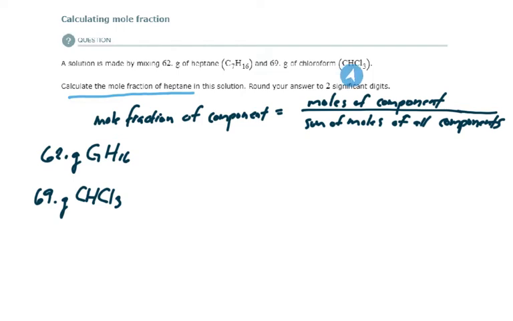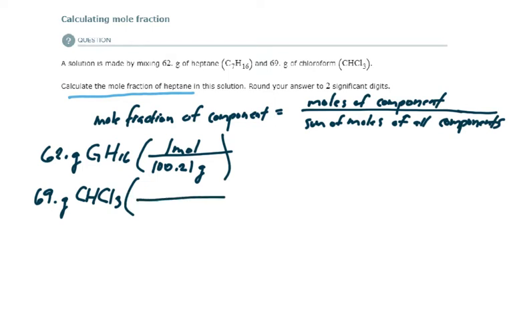We can do that because we have the chemical formula here, and with some simple math, or if it's given to you in ALEKS, or you can Google these molar masses, we can very quickly convert from grams to number of moles. The molar mass of heptane is 100.21 grams in 1 mole, and the molar mass of chloroform is 119.38 grams per mole.